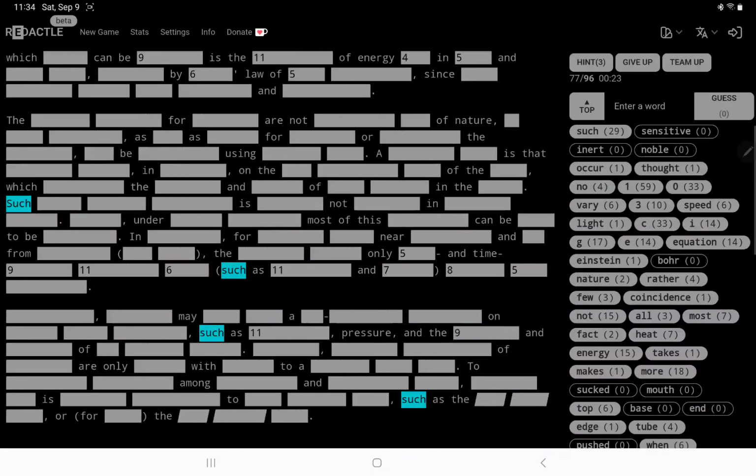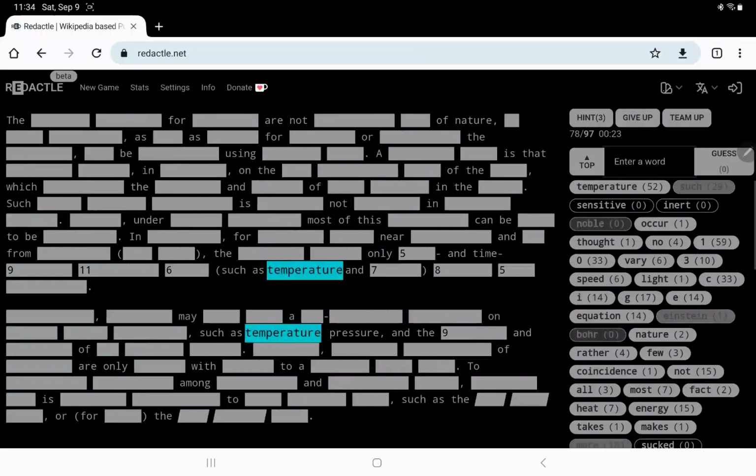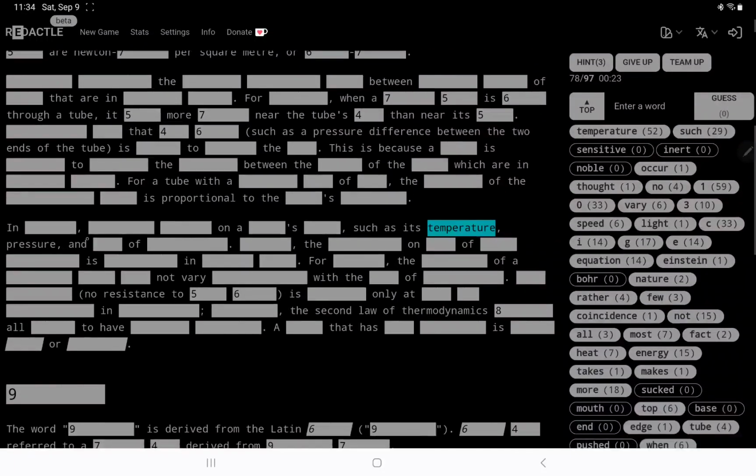Here we have more things listed. Something pressure. How about temperature? Yeah, okay. 52 temperatures. Okay, that was one of those in that list. And blank of something.